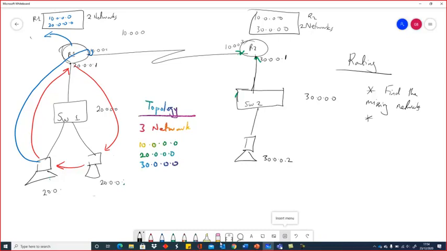And secondly, it will help us find the path or direction to the missing network.